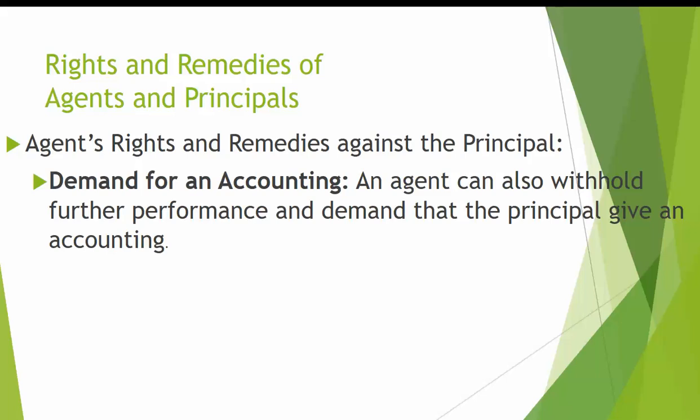The agent can ask for additional information from that principal before he or she acts. That's a key right exercised by our agents when something about this transaction with the principal leads the agent to believe that a right is being violated, or that there's a concern about potential rights in the future being violated. For example, the right of compensation may not be fulfilled.